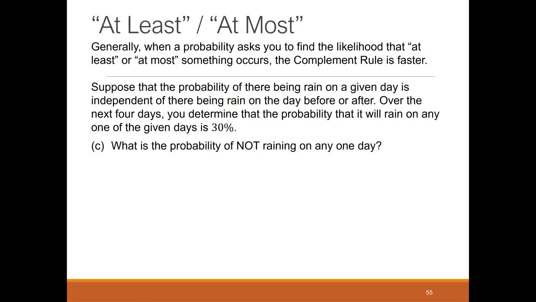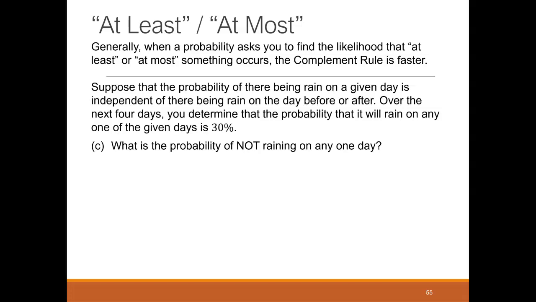So what is the probability of not raining on any one day? So it could be, let's think about what this would count then. So maybe it doesn't rain day 1, but it rains on day 2 and then 3 and 4. But it could not rain on day 1 and then rain on day 2, not rain on day 3, rain on day 4. Could not rain on day 1, could not rain on day 2, but then rains on day 3. And you see that if we try to count this out, there's going to be like a ton of possibilities here, right?